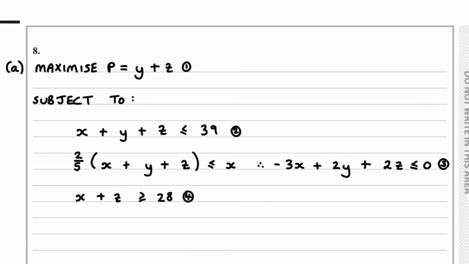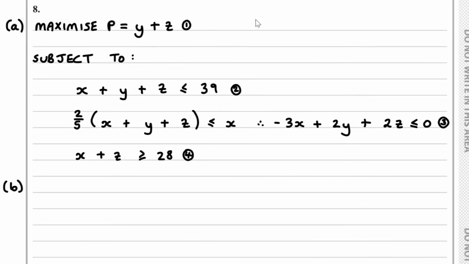So, for part B, we need to rewrite all of these as equations. Now, first of all, from equation 1, I can rewrite that. So I have p minus y minus z equals 0, which I'll call equation 5.